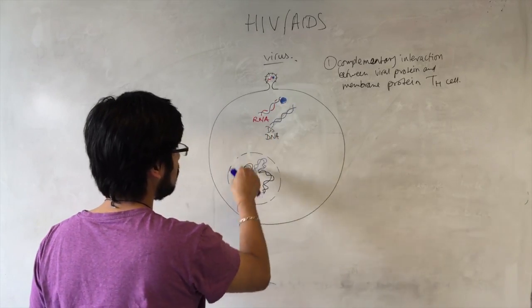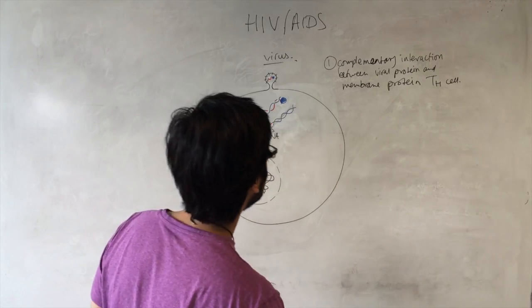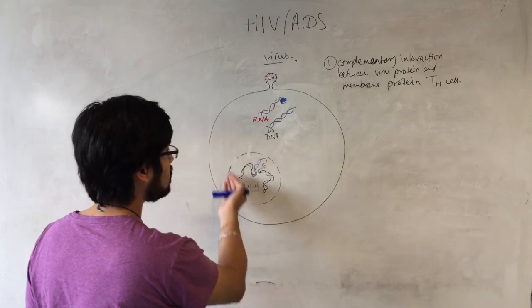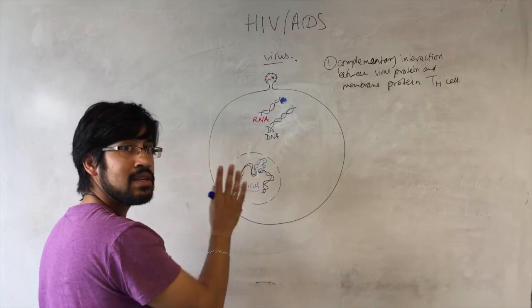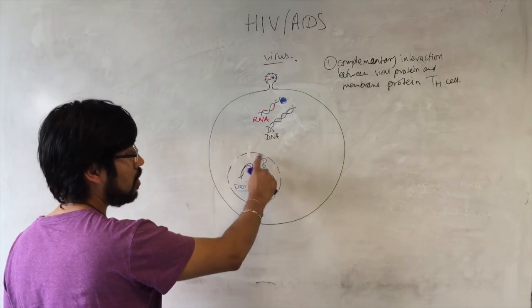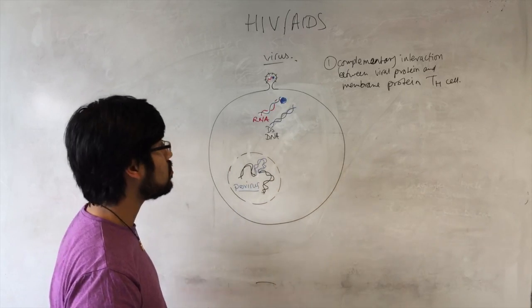So that's why the HIV particle is difficult to detect by the immune system, because it's most of the time in this kind of latent phase where there are no real symptoms. It's just sitting as part of the genes in the nucleus of the T helper cells, not really doing anything much.